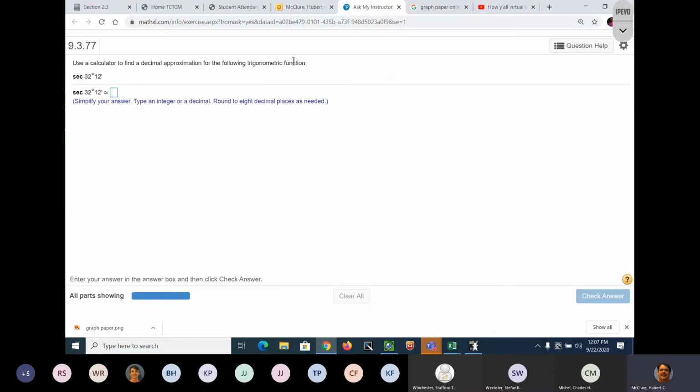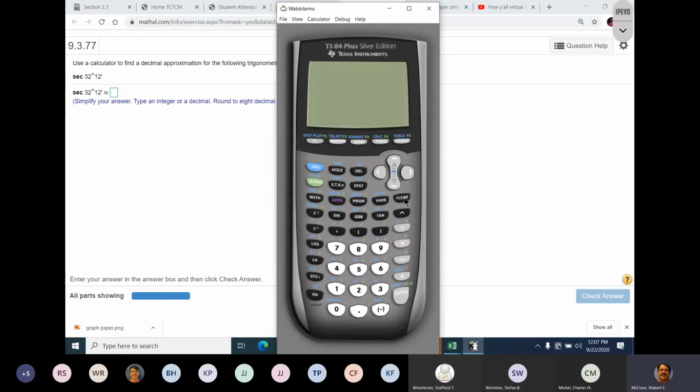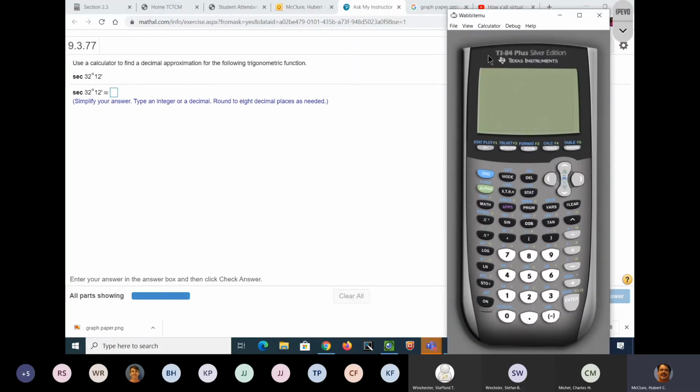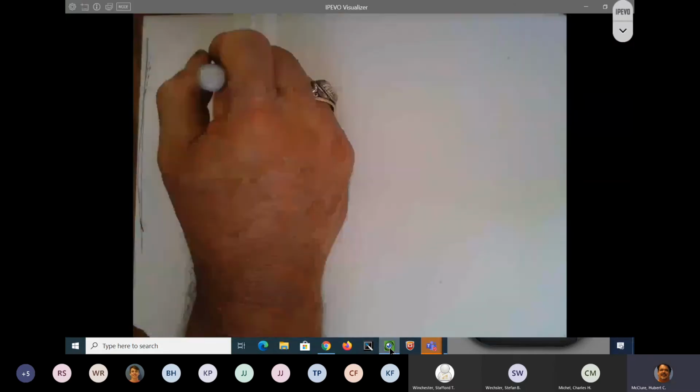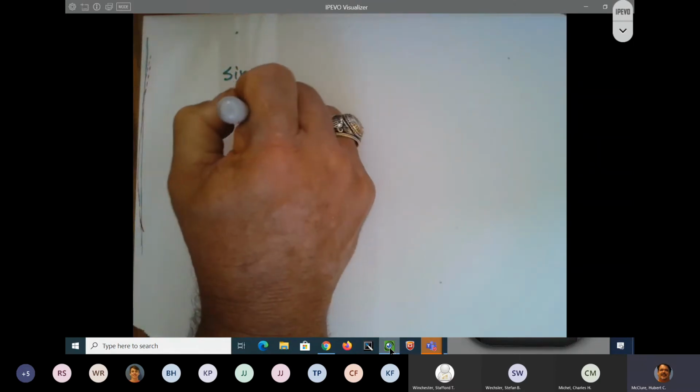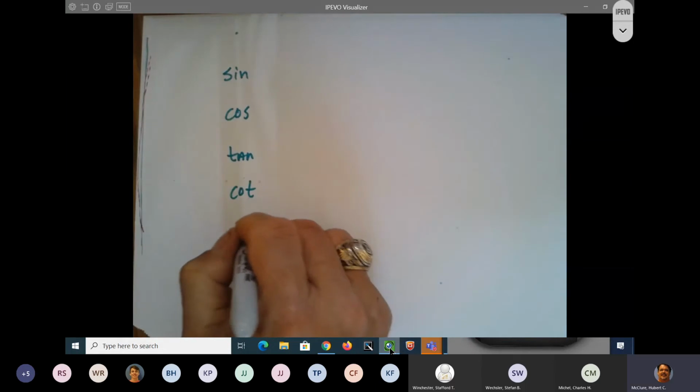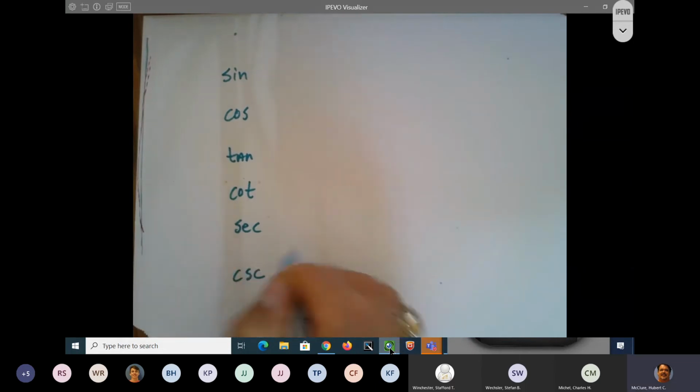Okay, this is a calculator drill. So I'm going to type in, well, first of all, the secant is what? Let's go back to our handy dandy chart: sine, cosine, tangent, cotangent, secant, and cosecant.